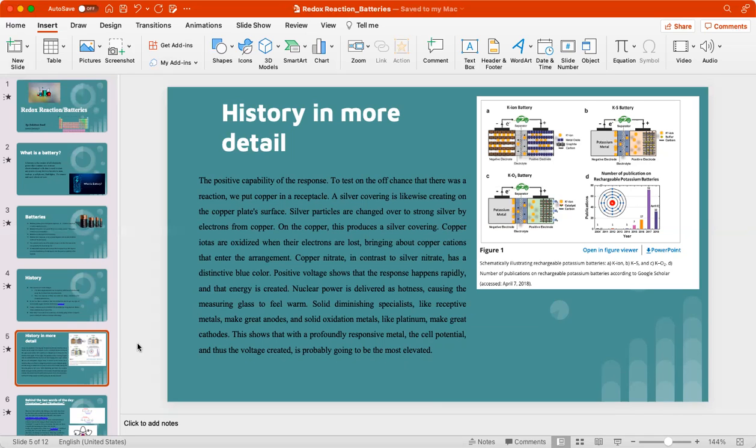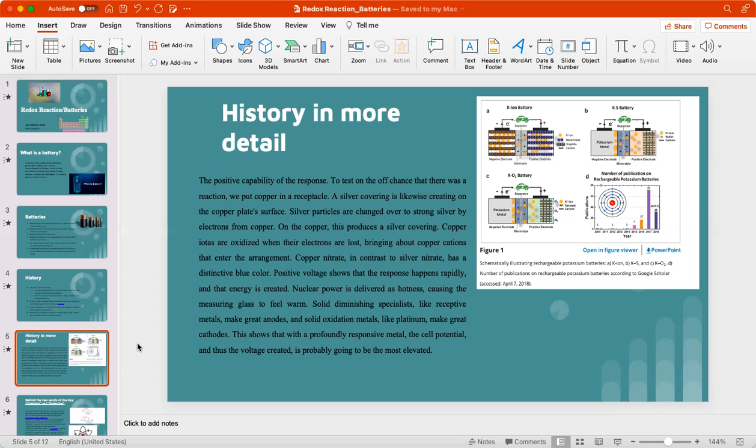A positive voltage shows that the reaction happens rapidly and energy is created. The reaction is to deliver as much heat as possible, which means the glass has to feel warm.